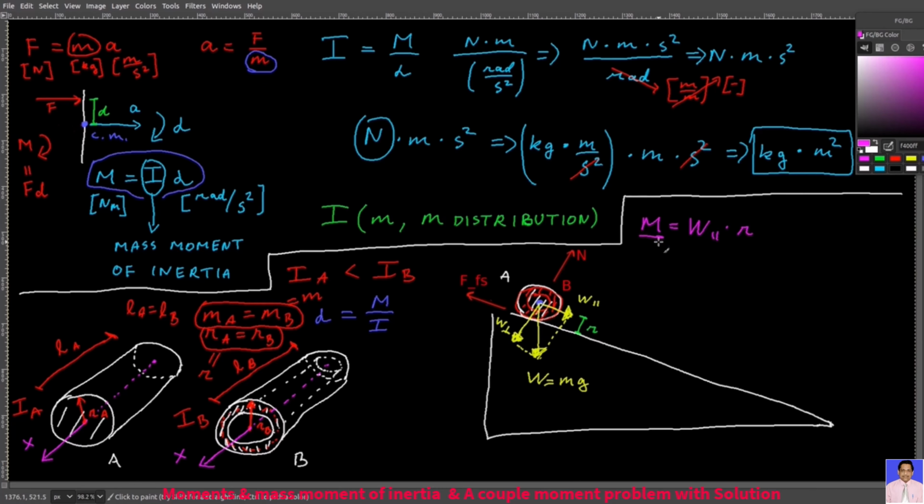And that moment is the same for both cylinders, because both cylinders have the same W, which means they have the same W parallel and W perpendicular.